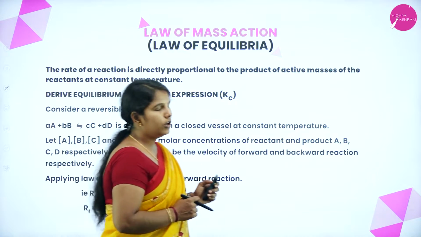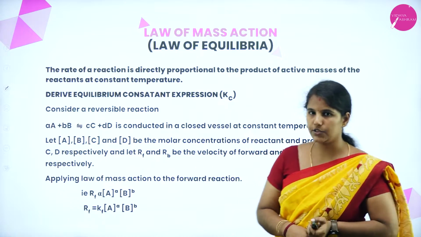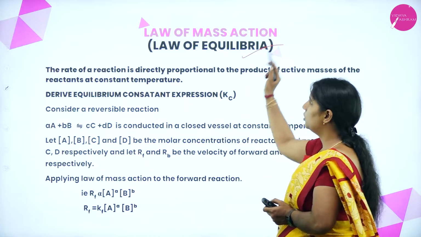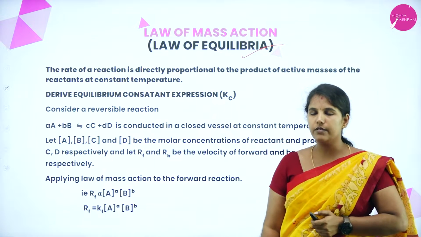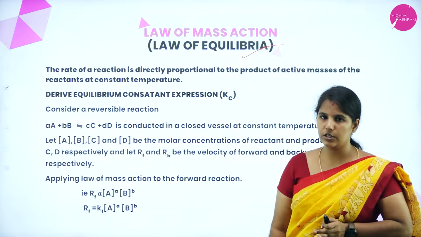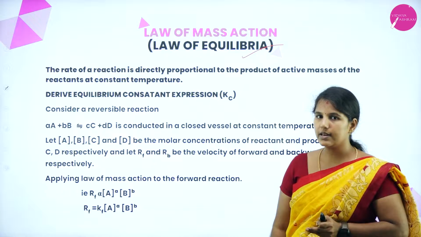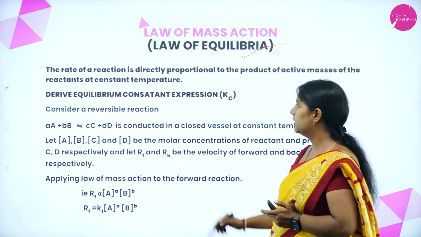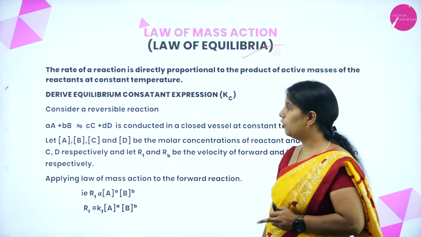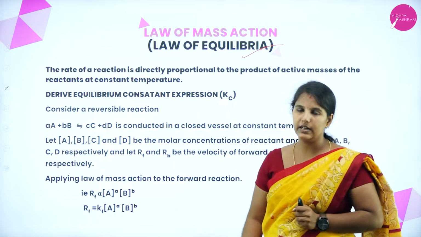Next, we have the law of mass action, which is also known as what? Law of equilibrium. First, we will see what the law of mass action says, and later we will see how to derive the expression for the equilibrium constant, that is Kc.